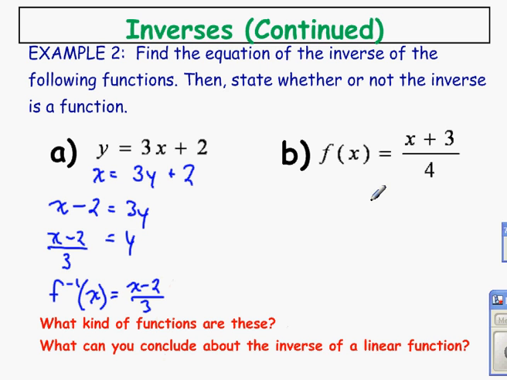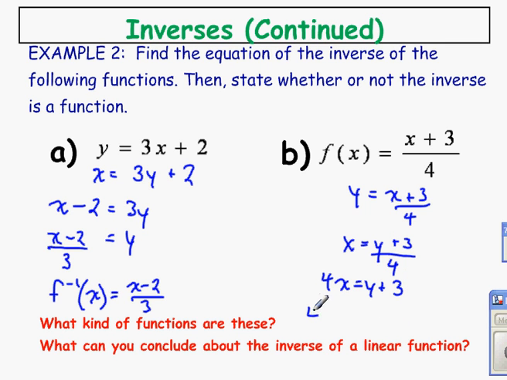Okay, same as for example B, except for example B, we have to start by changing it into xy notation to get rid of the f of x. Then we swap our variables. And then we solve for y. So in this one, we multiply both sides by 4, and then subtract 3 on both sides.